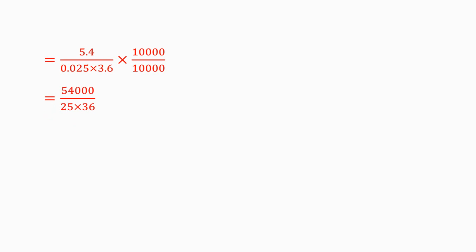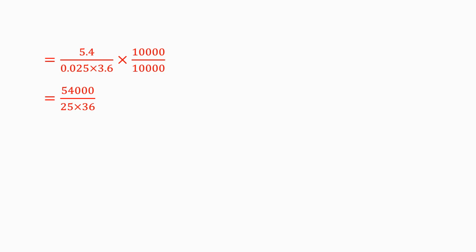Then you can either factorize the numbers in order to simplify, or apply the knowledge of multiplication table. So I've used the route of using the multiplication table. So 54 is 9 times 6 and 36 is 6 times 6.